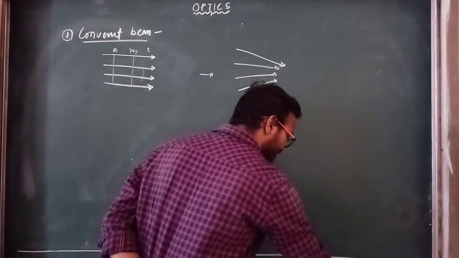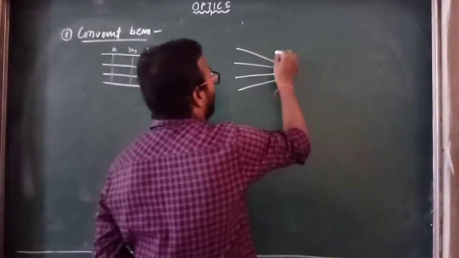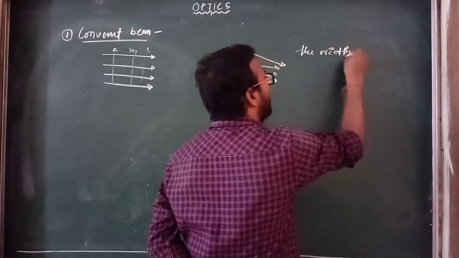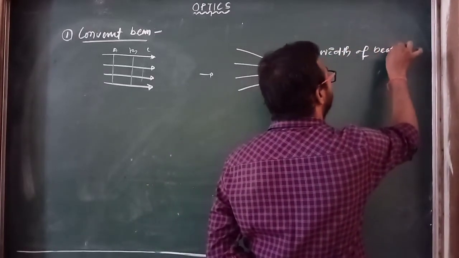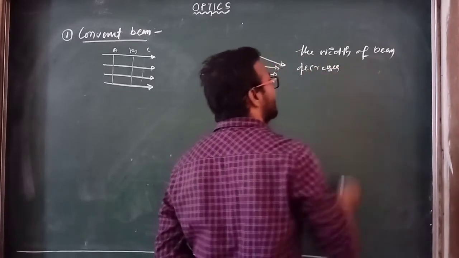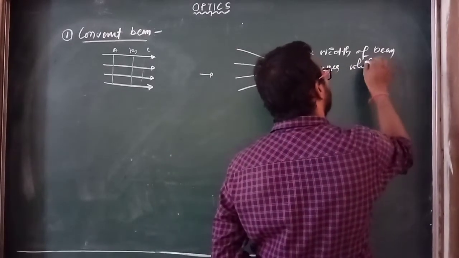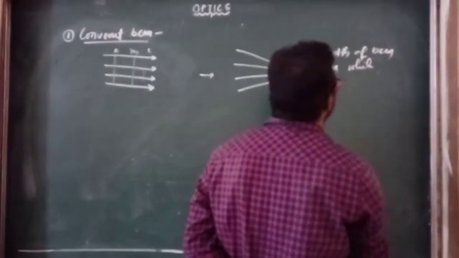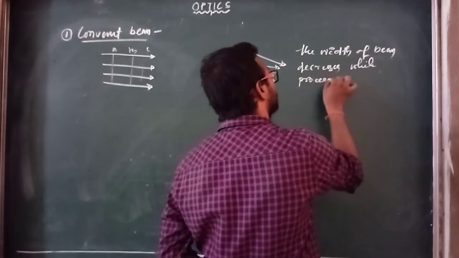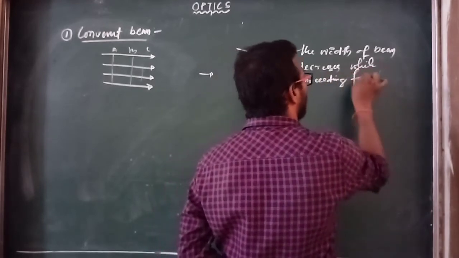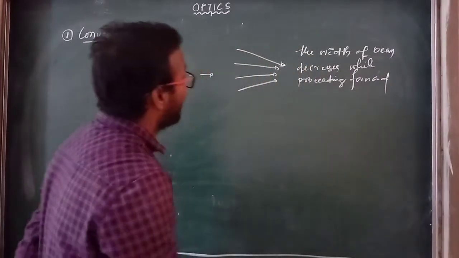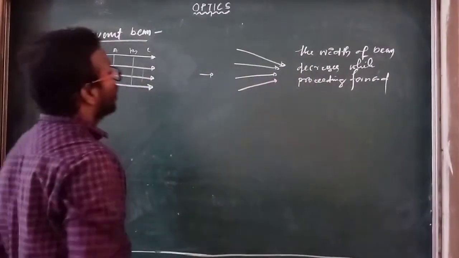that means the width of the beam decreases while proceeding forward, and that type of beam is known as convergent.